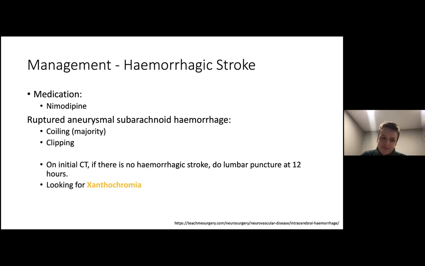So that's the surgical treatment for it. On initial CT, if there's no hemorrhagic stroke that you can see but you suspect there might be, a lumbar puncture should be done 12 hours following this to look for something called xanthochromia, which basically means blood in the CSF, which is a sign of subarachnoid hemorrhage.